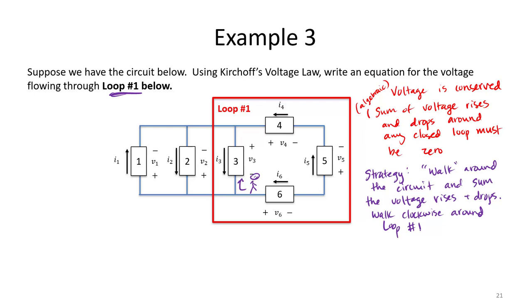And let's apply the convention as we go around our loop. So first we see V3 across a component. And we go from minus to positive. So in this case, we are gaining because we're going from an area of lower voltage to an area of higher voltage. So the first term of our Kirchhoff's voltage law equation will be plus V3.